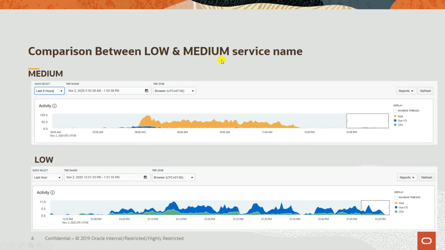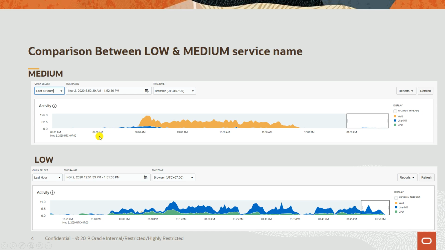So you can see the comparison between the low and medium service names. In the medium service name, before we changed to the low service name, you see there are lots of activities that need to wait, because in the medium service name the system only allows a maximum of 5 SQL statements at the same time.